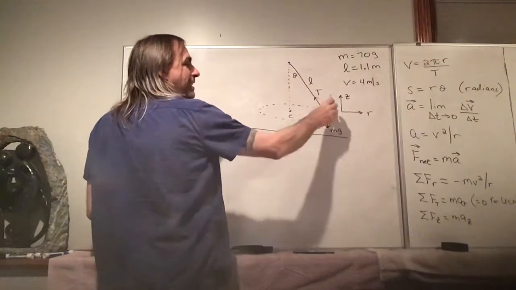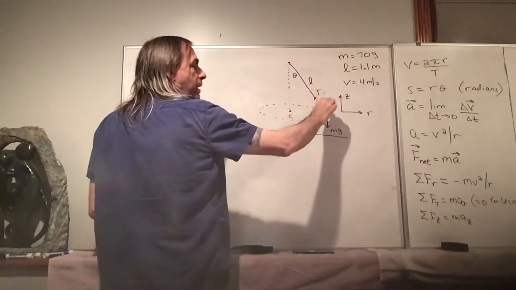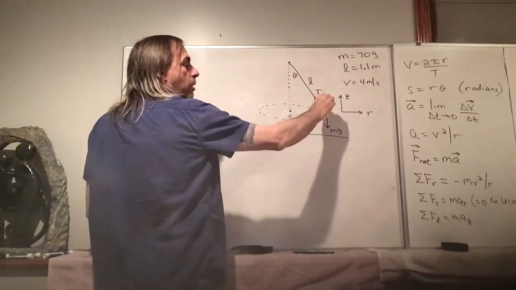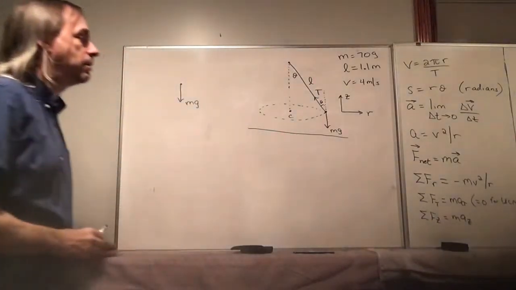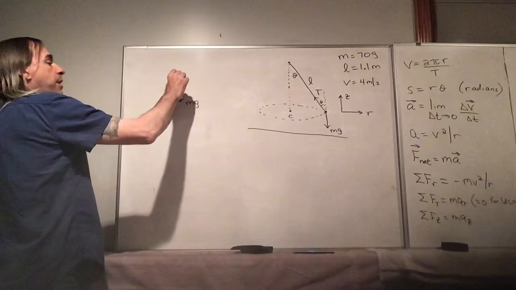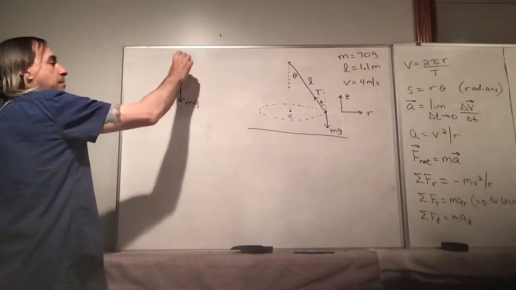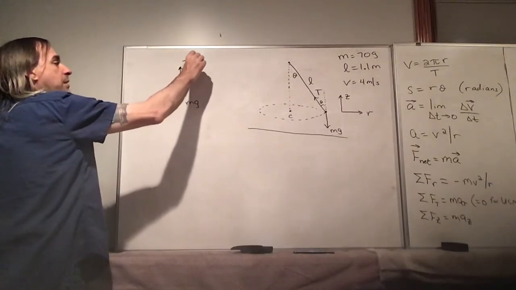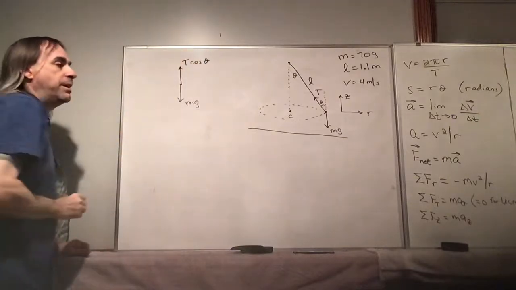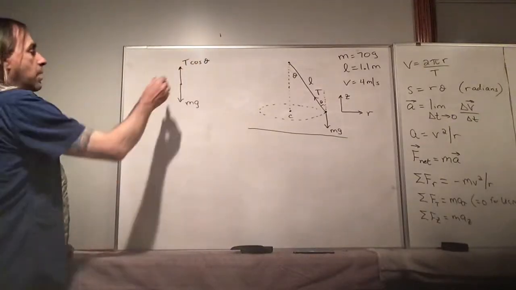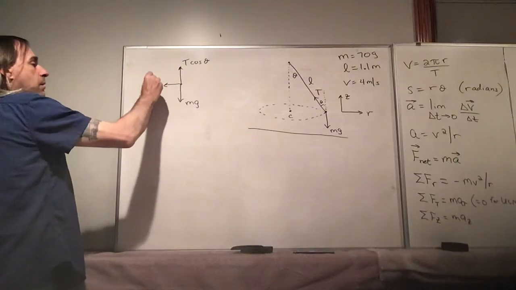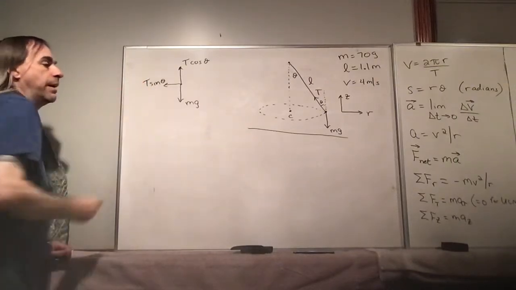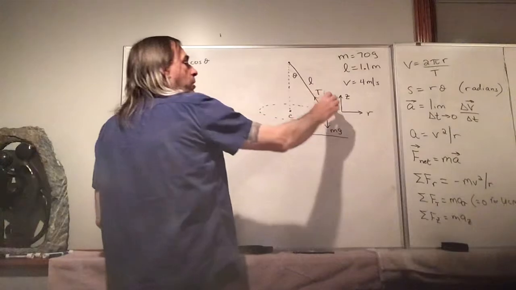Now, if we draw this vertical line here, this angle would also be theta, and so that's the vertical component of tension, or the z component, that's adjacent to the angle. So that would be T cosine theta, and this one is T sine theta.